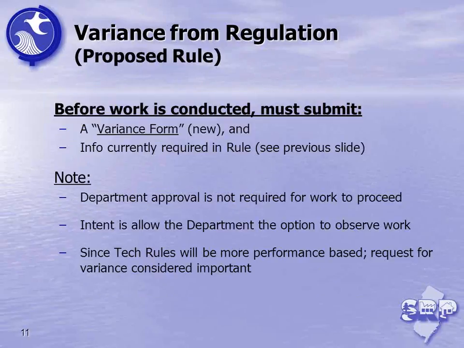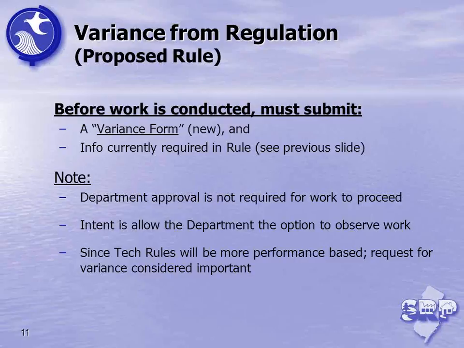So Joe, next slide, please. What the proposed rule, hopefully when it comes out in May, is intended to do is slightly different. It's similar in regard to the information that needs to be submitted, such as the rule citation, description of the variance, documentation of results, meeting rule objectives, and moving the remedial phase forward. However, that needs to be submitted before the variance work is initiated.